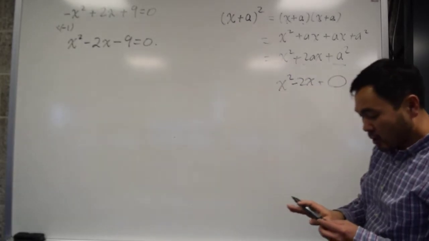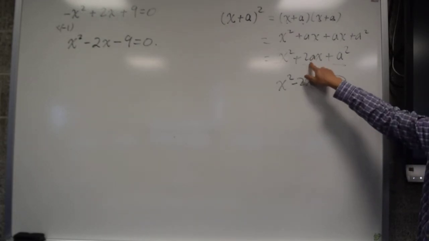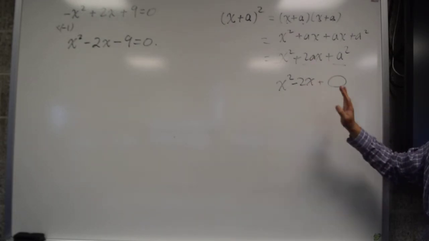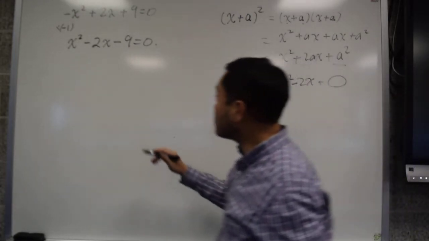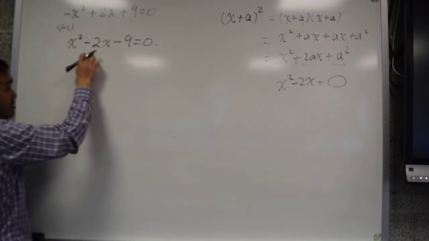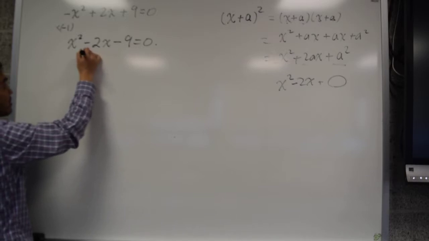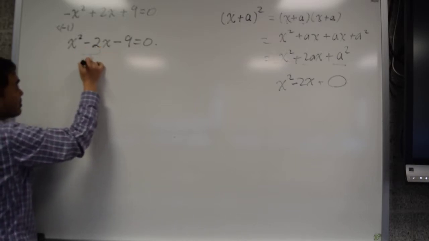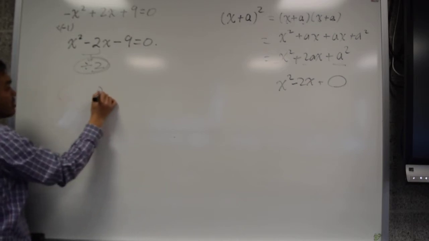But since it's hard to write this all the time, here's the quick shortcut. You take the number in front of x, whatever that is, and take half of it. This divided by 2 is the number that you place inside the square.